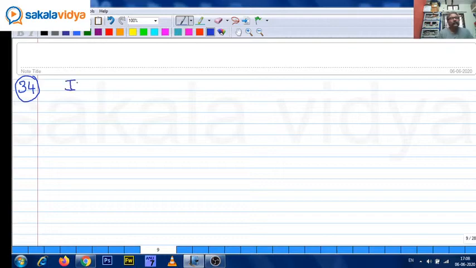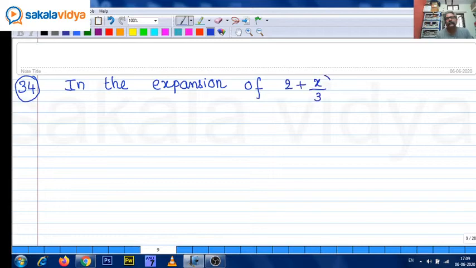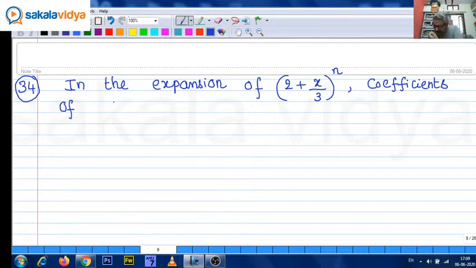In the expansion of (2 plus x by 3) whole to the power of n, if the coefficients of x to the power of 7 and x to the power of 8 are equal, then n equals?